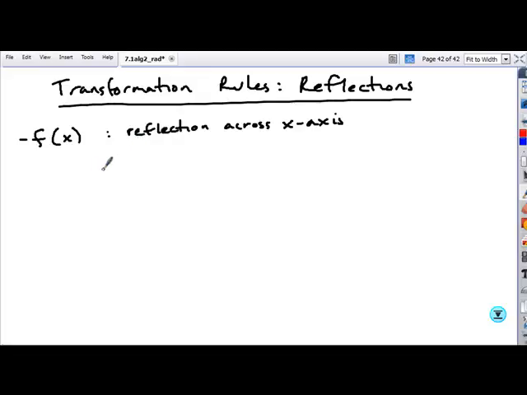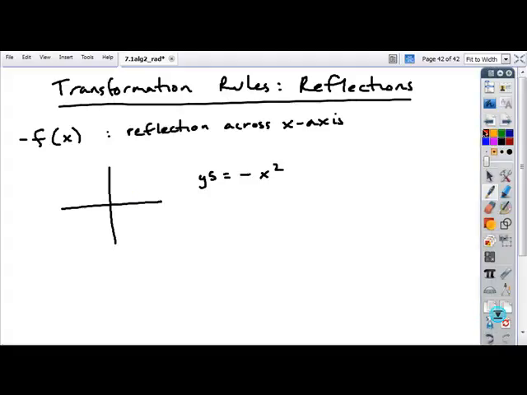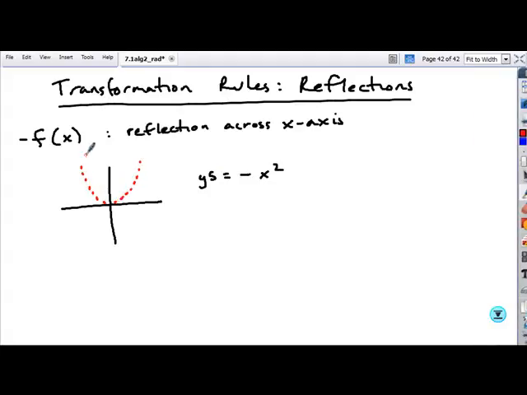Okay, and so the way that this, again, applies is, if I have negative x squared. So I'm going to take my general, here's my x squared function, my generic base function. The negative on the outside means I'm going to flip this across the x-axis before I do any of the shifting.